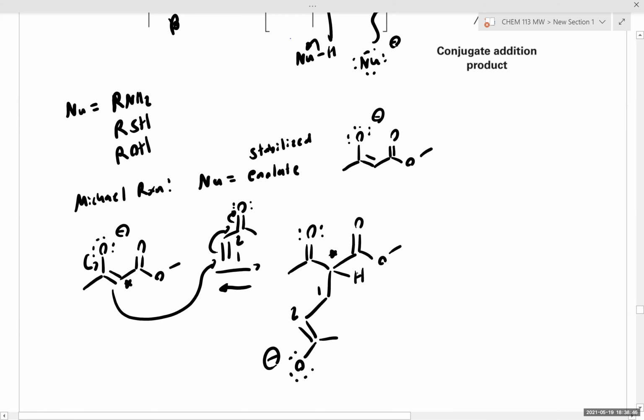So what will happen if we have a basic enolate near an acidic proton? And I'd like you to think what happened in the Claisen condensation. At the end of the Claisen condensation, there was a key driving step. What is that key driving step?